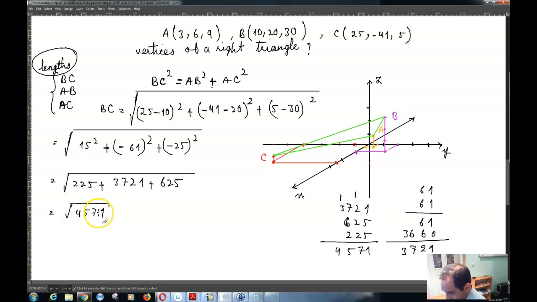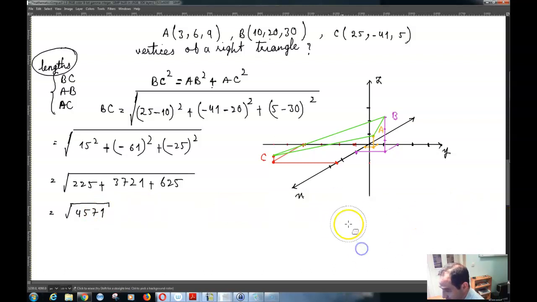4 plus 5 plus 7 plus 1 is 17, so it isn't divisible by 3. I think it's not divisible by anything, except maybe by 7 or 11 or 13 or something like that.